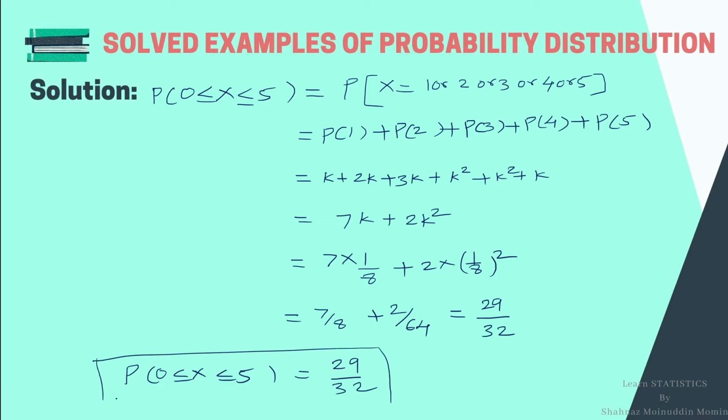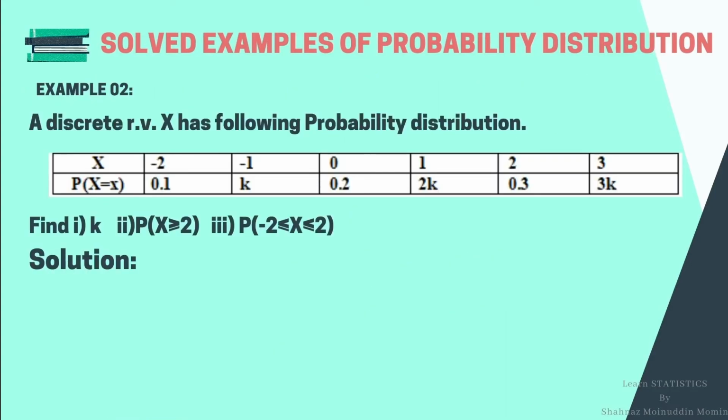In this way, we calculate the value of k from a given probability distribution and the corresponding probabilities. To elaborate the concept, we shall take one more example. A discrete random variable x has the following probability distribution.